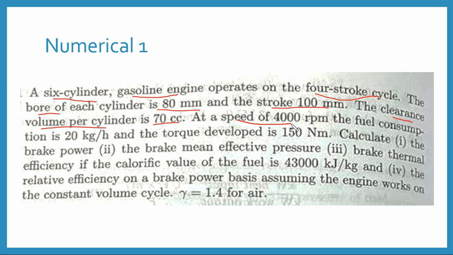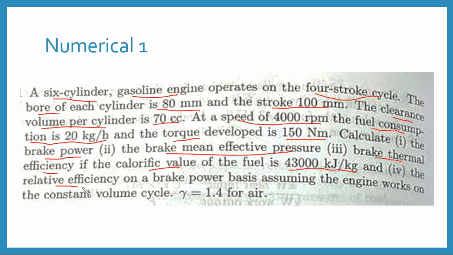Speed is 4000 rpm. The fuel consumption is 20 kg per hour. The torque developed is 150 Newton meter. Here we need to calculate the brake power, brake mean effective pressure, and brake thermal efficiency, when the calorific value is 43,000 kilojoule per kg.